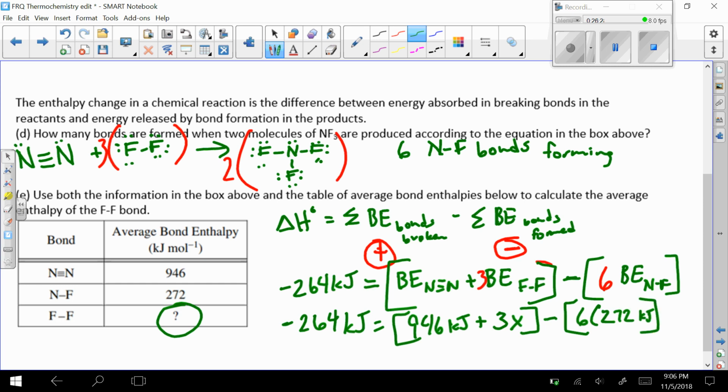And so now we can solve for X. When we solve for X, the bond energy in a fluorine-fluorine bond equals 141 kilojoules per mole.